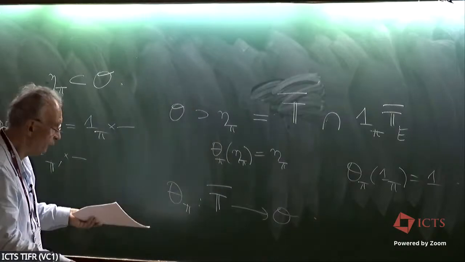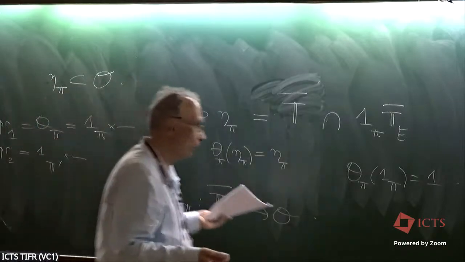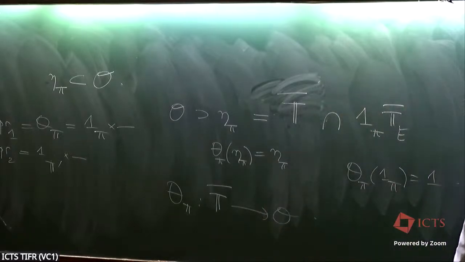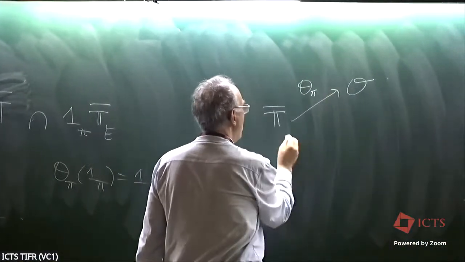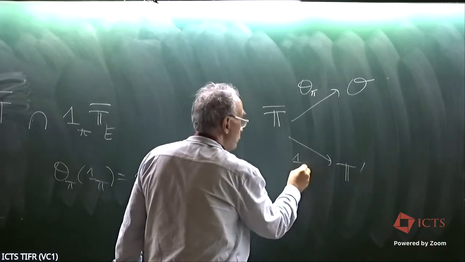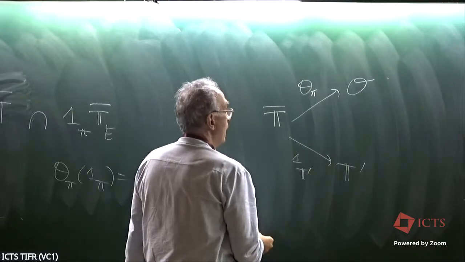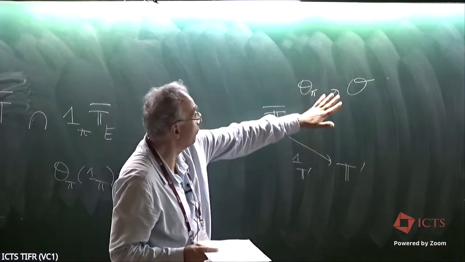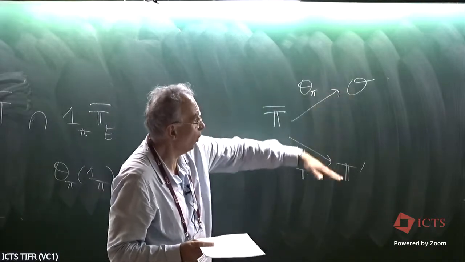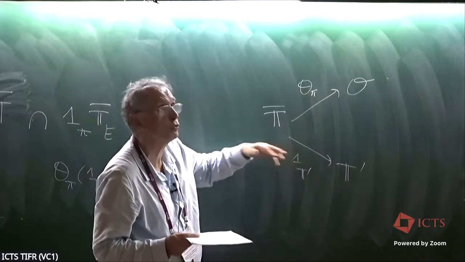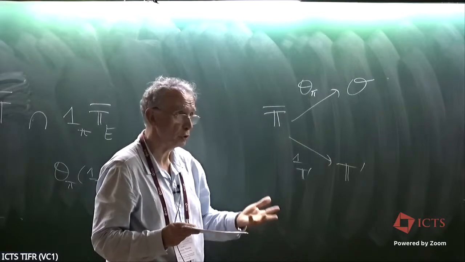If you want another description, which is maybe more understandable, you have this morphism to O, which is theta pi. And you have the other morphism to T prime, which is multiplication by 1 T prime. And as I explained, in characteristic 0, if you remain over O, this corresponds to pi, this corresponds to the other representations pi prime.